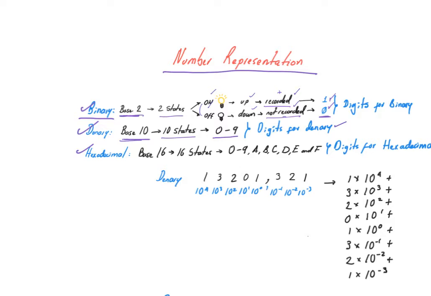That's our denary system. Now, the hexadecimal system is another numeric system that uses base 16, which means that it has 16 different states. For those digits, the first 10 are going to be the same as in our denary system, from 0 to 9. And then to quantify the rest of the states, we use the letters from A to F, right?